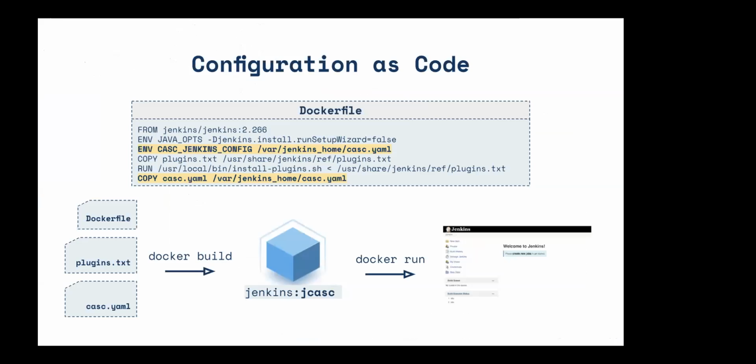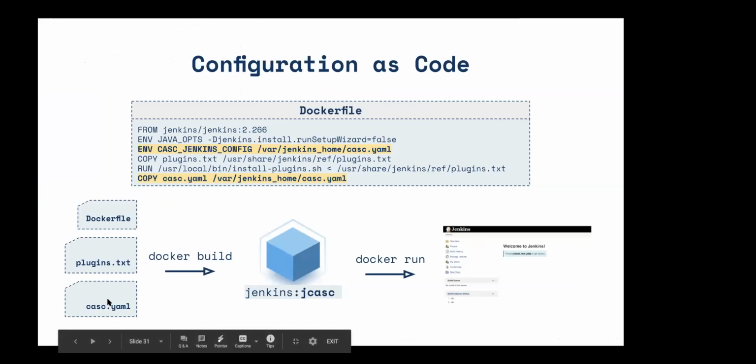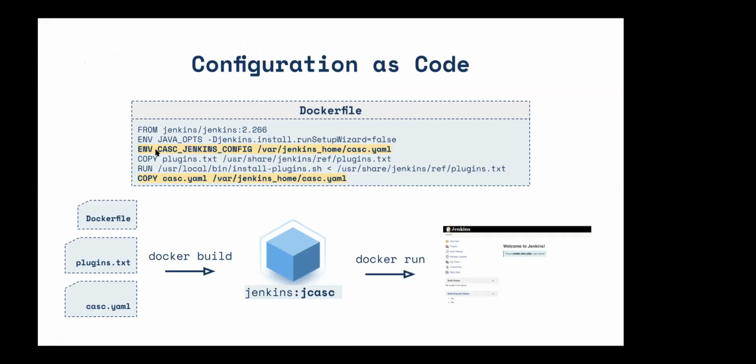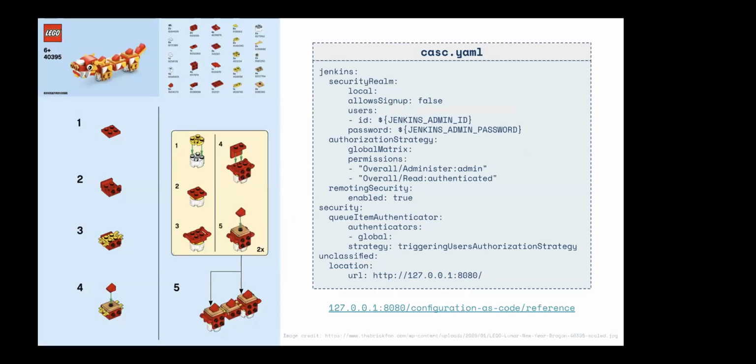The way we do this is similar to how we did with the plugins. We copy the JCasC file, this 3-liner, into the Docker image, and we're using another environment variable called CASC_JENKINS_CONFIG, and we're setting it to the location of the file copied in. So when we run this image, the JCasC plugin is going to read this environment variable, read our YAML file, and follow the instructions, just like following instructions to build a Lego.